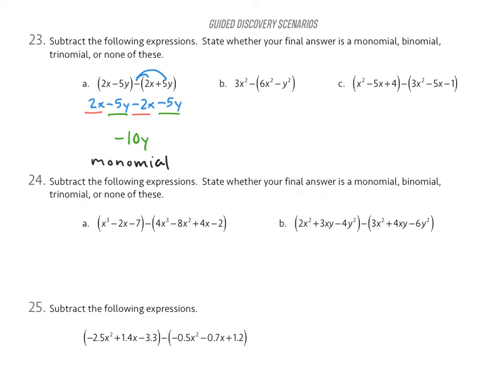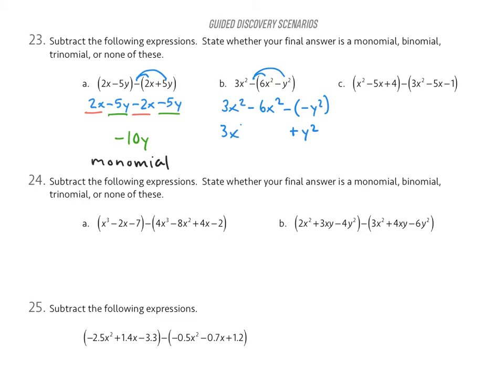Part B, 3x squared minus the quantity 6x squared minus y squared. I can bring down the 3x squared and then distribute this minus to both of these terms. That becomes minus 6x squared, and then minus a negative or minus y squared. Minus a minus, the opposite of minus is plus, so it's plus y squared.